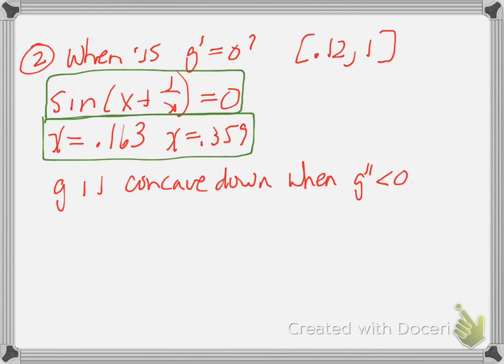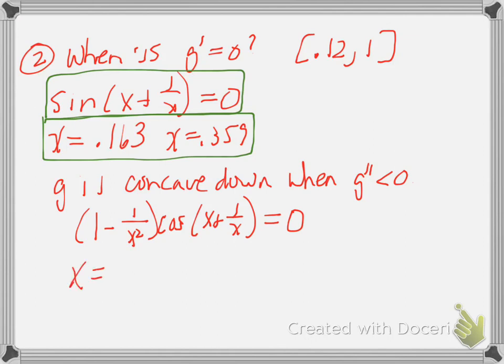G double prime is 1 minus 1 over x squared times cosine of x plus 1 over x. So that's G double prime. They gave you that, so we're going to set that equal to 0. Again, you're going to use your calculator.